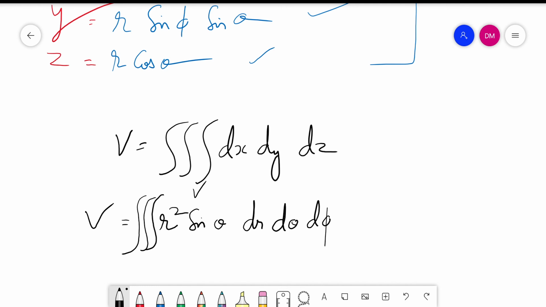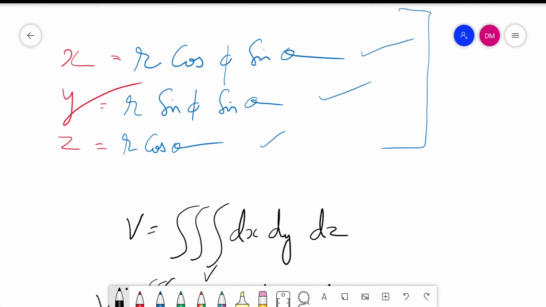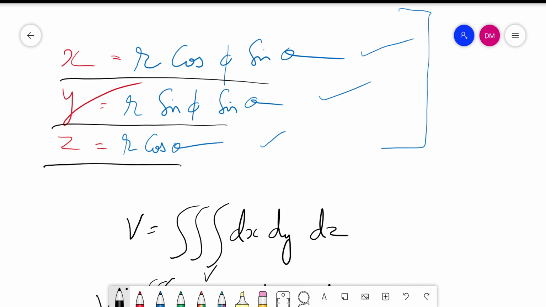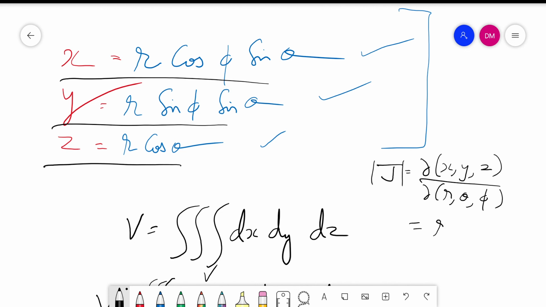Actually, this is none other than your Jacobian. Here you are seeing what is x, what is y and what is z. So it is quite easy to find the Jacobian of dou x comma y comma z by dou r comma theta comma phi, and on finding this you get r square sin theta.